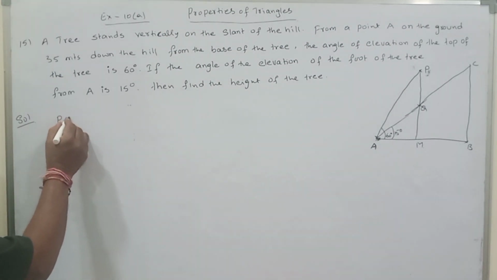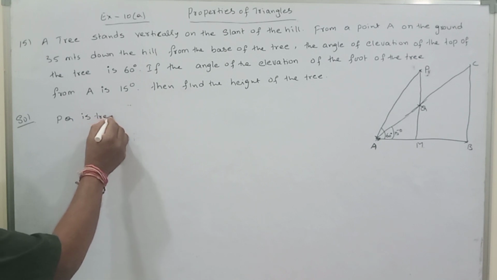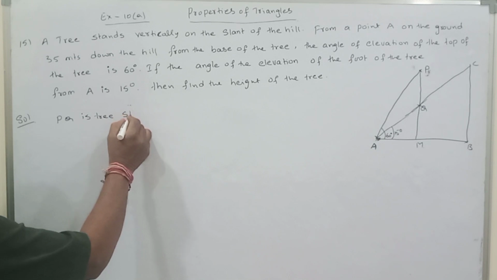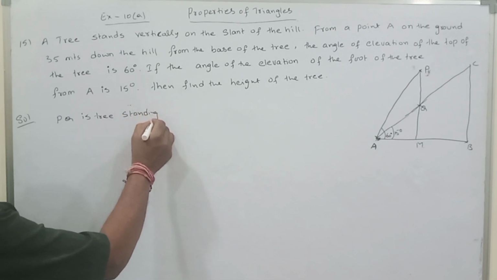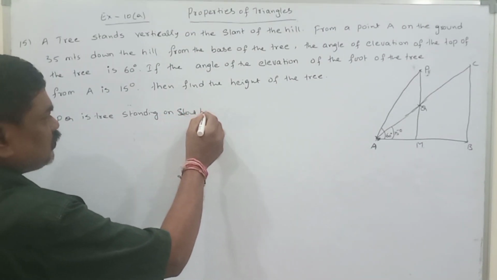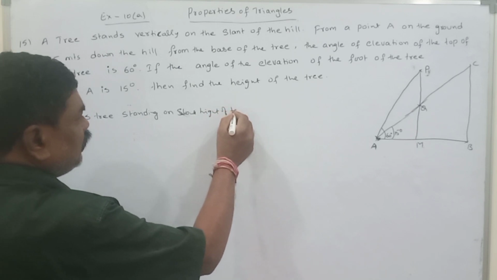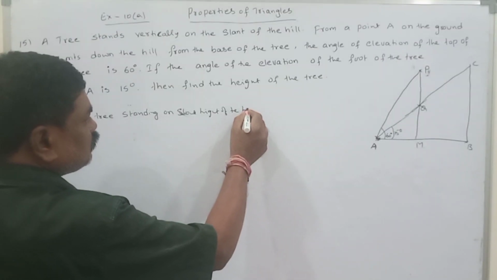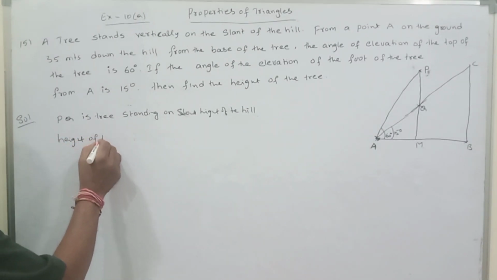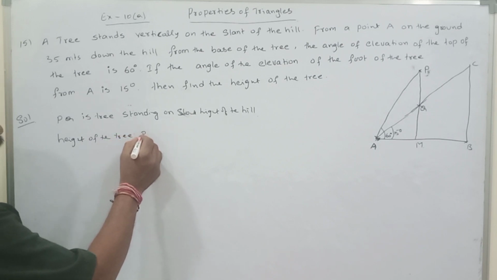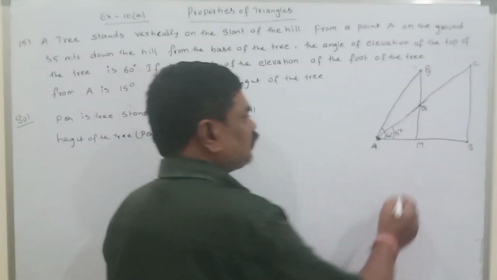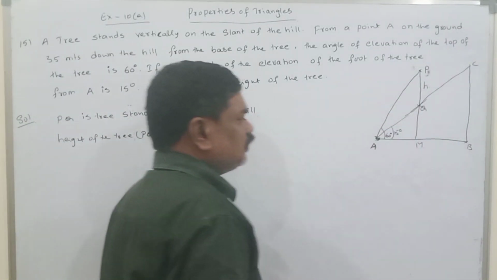So PQ is a tree standing on the slant height of the hill. So the height of the tree PQ is equal to h.